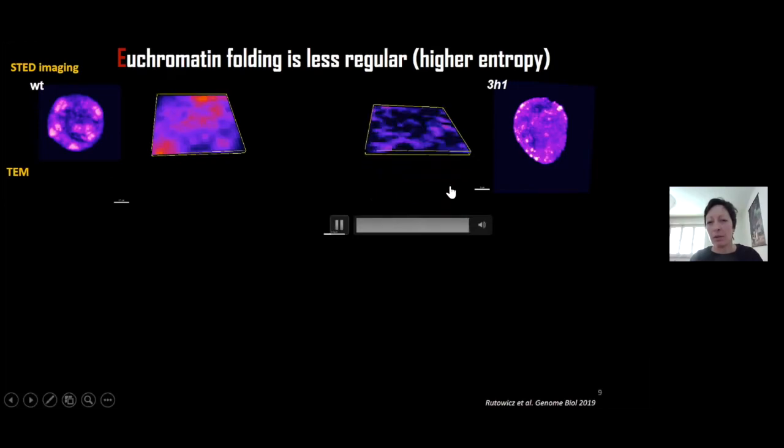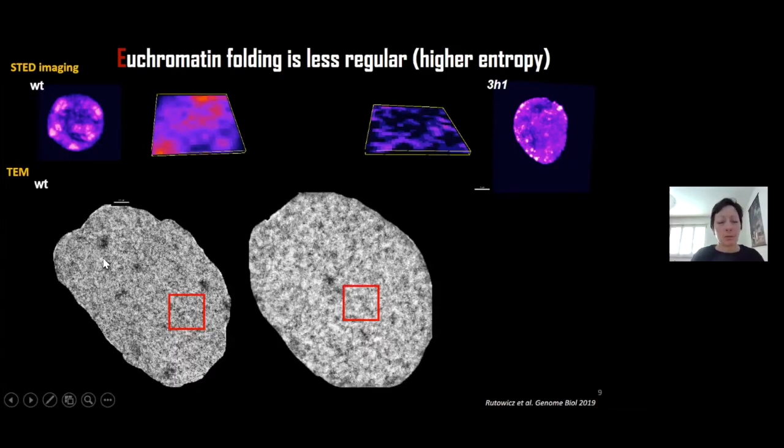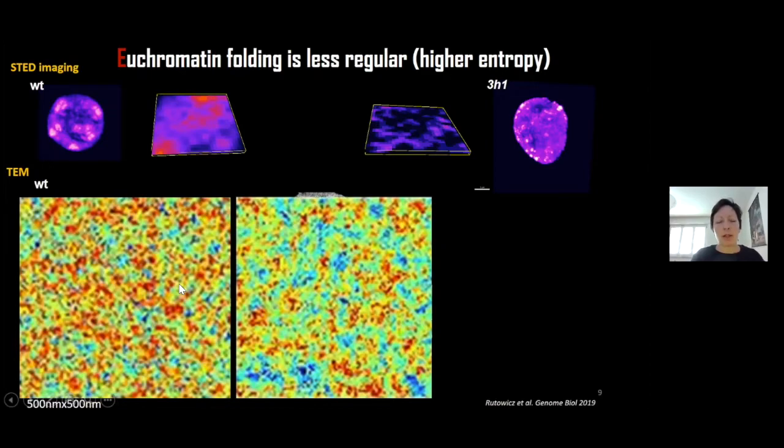Each of these insets represents less than a micrometer, about 800 nanometers. Now, it was not very easy to quantify the distribution of euchromatin on these images. So we went to the ultrastructural level, and we decided to quantify the distribution of chromatin density.